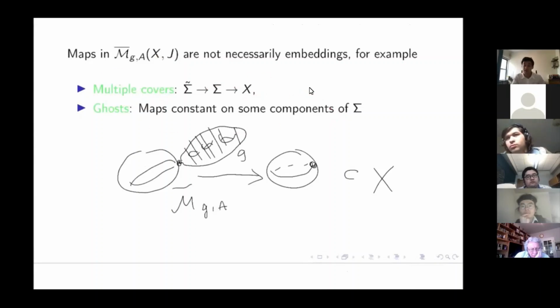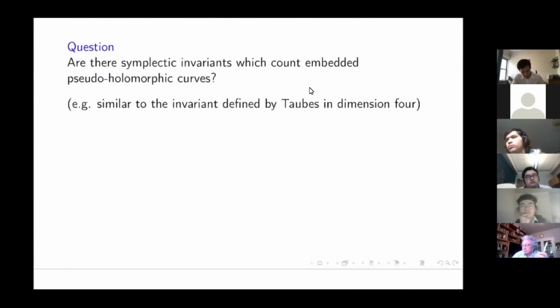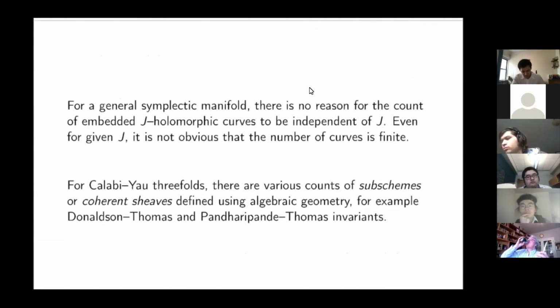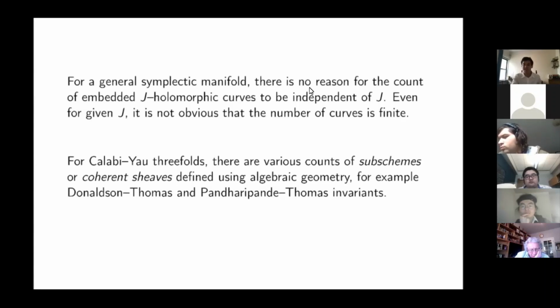For example, embedded curves can degenerate to multiple covers, or, from the point of view of pseudo-holomorphic maps, can degenerate to maps with constant components. So if you want to define such an invariant, you should have some reason, for example given by index theory or intersection theory, why you would expect this invariant to exist. Again, this is not a theorem, it's just an expectation that you wouldn't be able to do it in general.